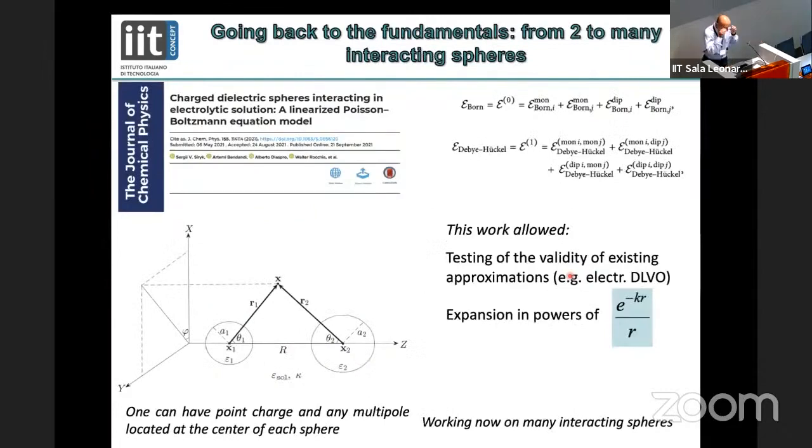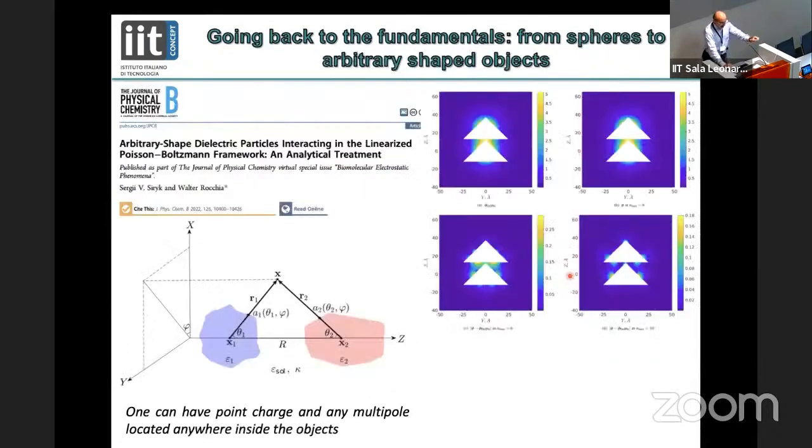So that was back in 2021, and more recently, the approach was ported to, let's say, arbitrary shape particles. Of course, then it cannot be that analytical any longer, but still the principle is to have some expansion that you can truncate at the level of accuracy that you need in order to perform your simulations.